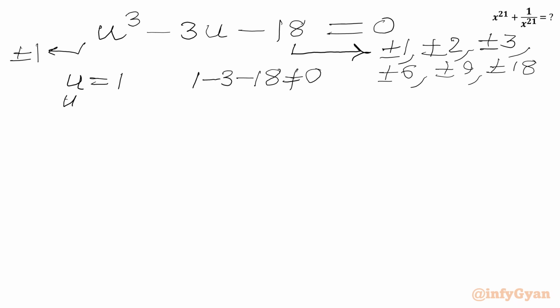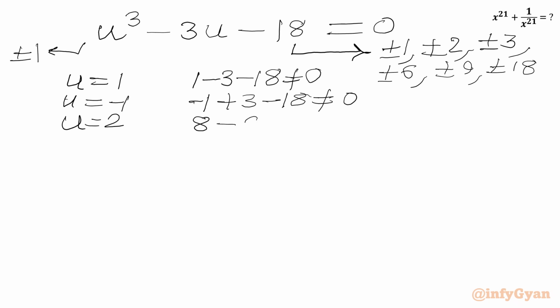If I plug in u equal to negative 1, will it satisfy? So minus 1 plus 3 minus 18, no, it is not. We will put u equal to 2. So 2 cube is 8 minus 3 times 2 is 6 minus 18, not satisfying.